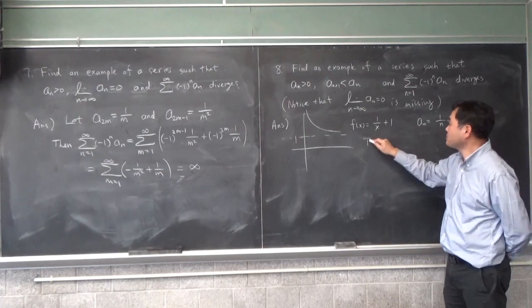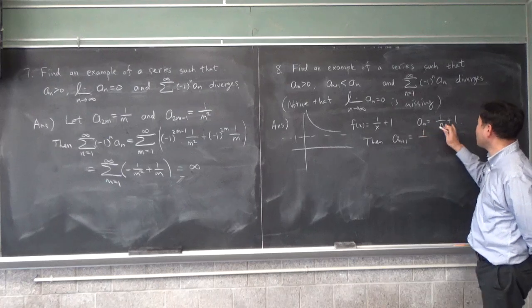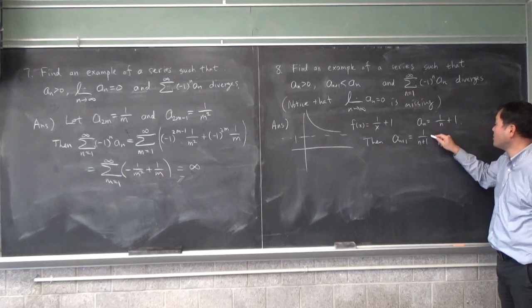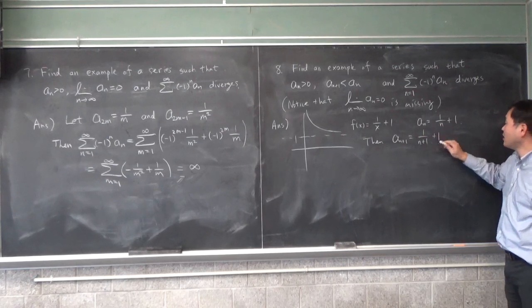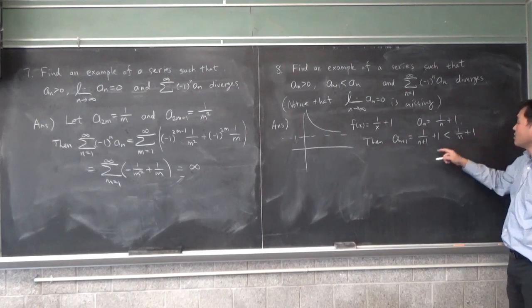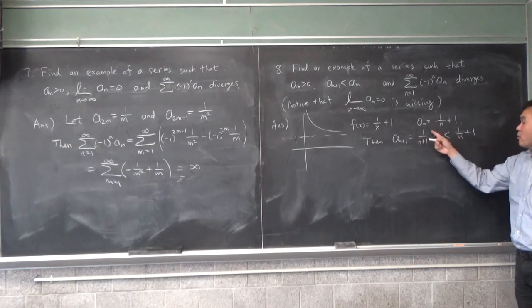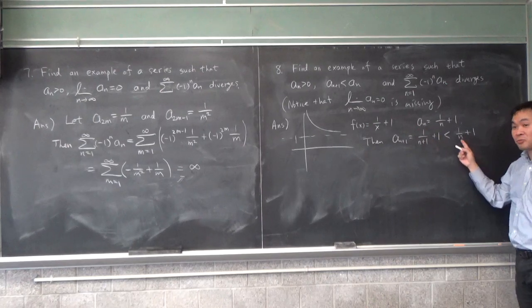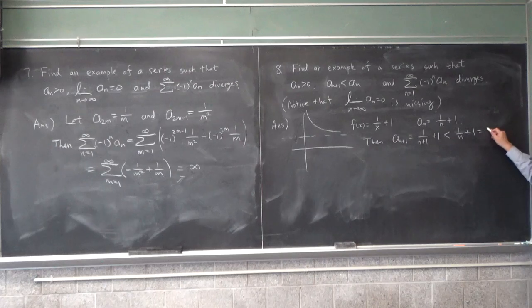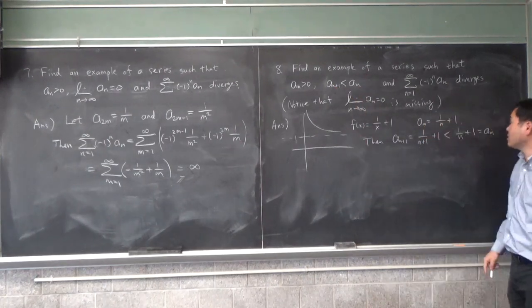Then an plus 1 would be replacing this n by n plus 1. And this is indeed less than 1 over n plus 1, because here you have bigger denominator than this one. So overall, this fraction will be smaller than this fraction. And this is an. So we do satisfy this condition.